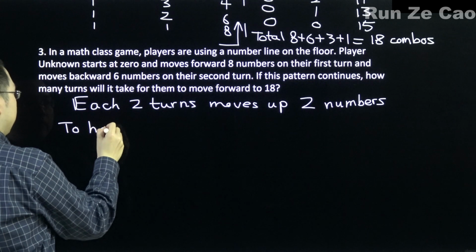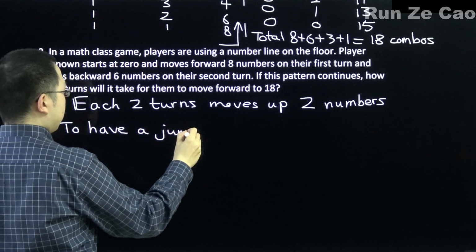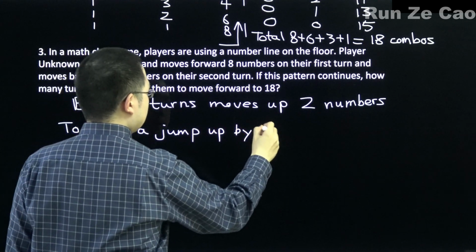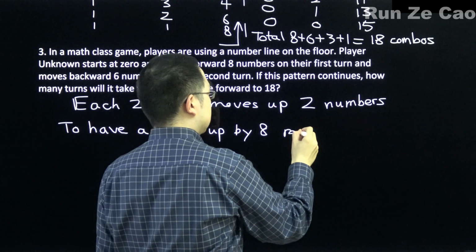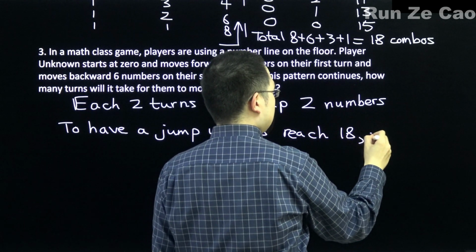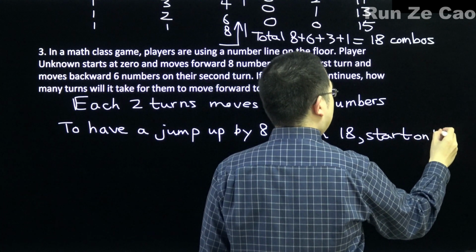Yeah, but for every odd turn, they jump forward, which means to have a jump up by 8, reach 18, you have to start on 10.